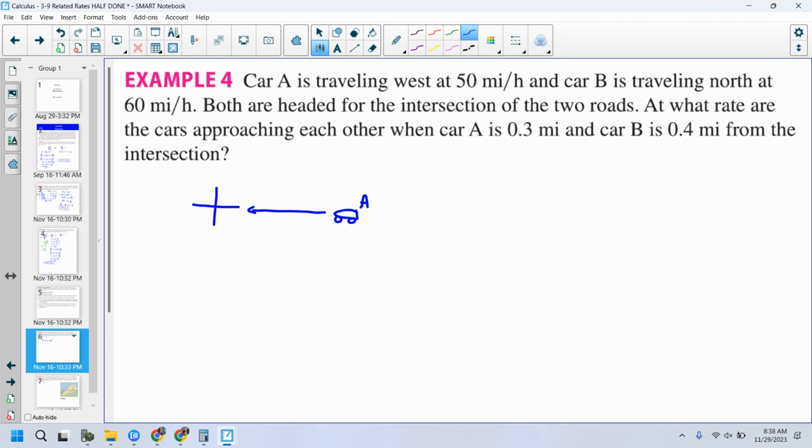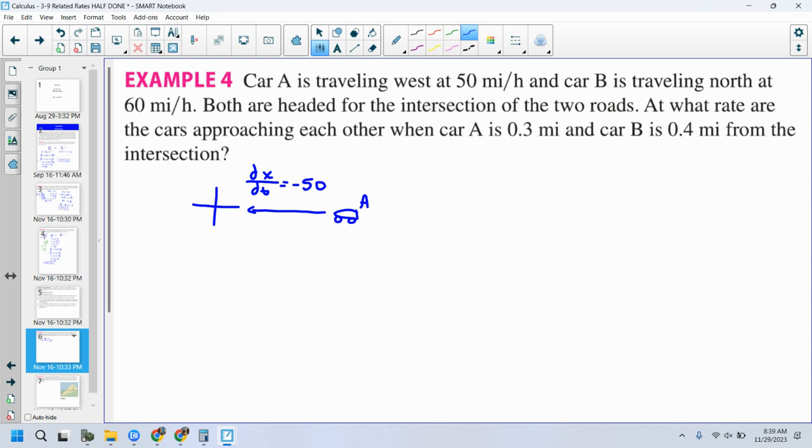So I know this rate is 50 miles per hour, going in. Now, since it's left and right, I'm going to call that our x component. We're going to say that is dx/dt. dx/dt is negative 50 miles per hour. That's our rate.